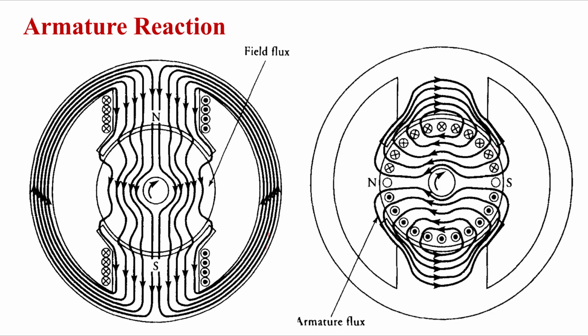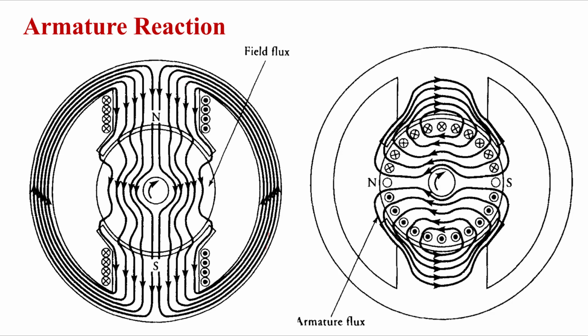These are the conductors, shown with crosses and dots, right? A dot means the current is upward, and a cross means the current is downward into the surface, because it is a cross-sectional view. Now we can see the flux lines produced by the current carrying conductors in the armature, okay? This will have an impact on the main field, which is not shown here.